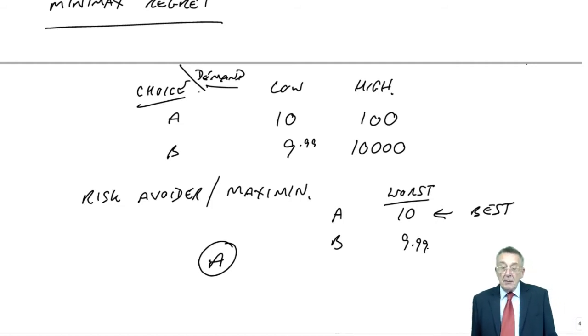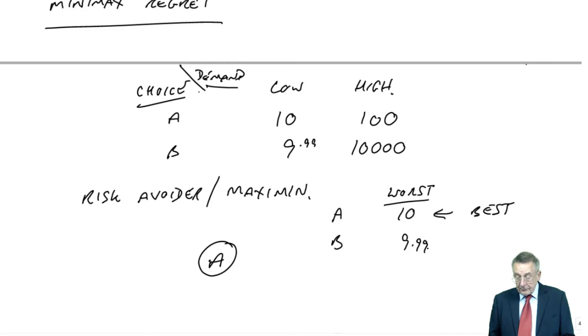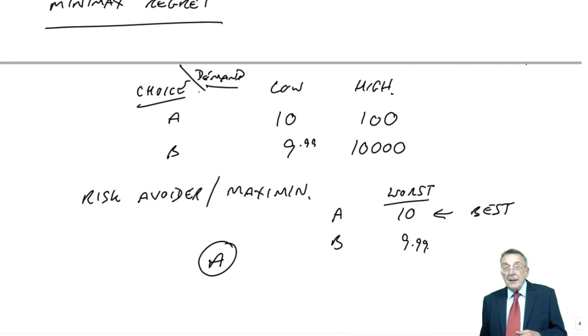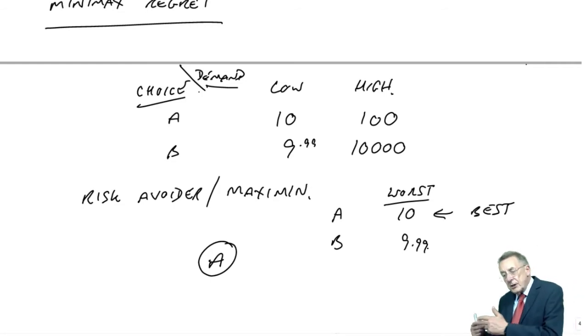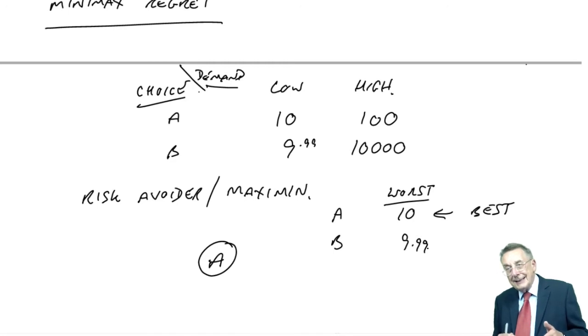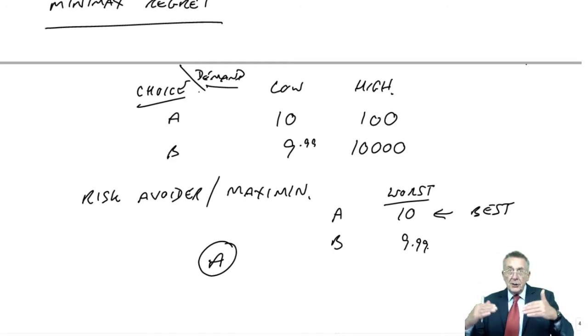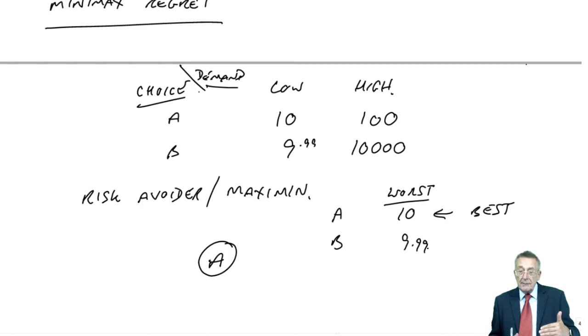And that's a problem that can be with Maximin. And of course, the reason I certainly would choose B is that you're comparing. You're saying, oh, well, if demand's high, I get an extra 9,100. If demand's low, I'll lose 1 cent. You're comparing the two when you're making the decision.